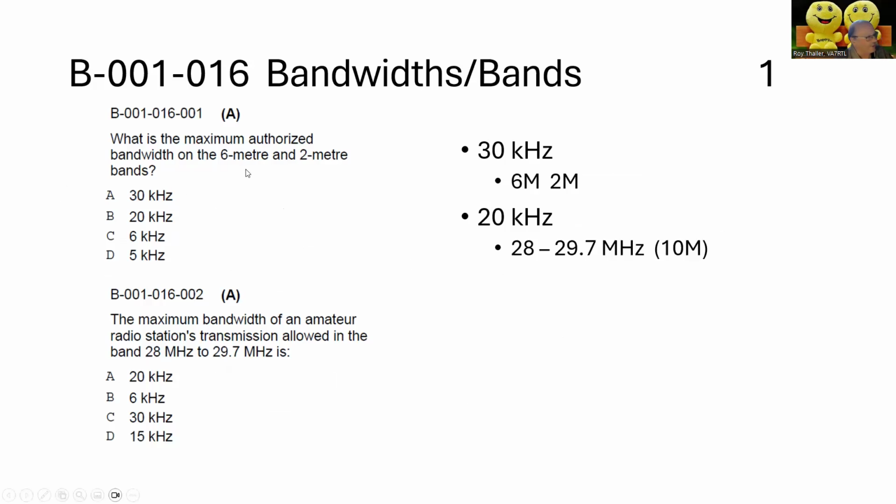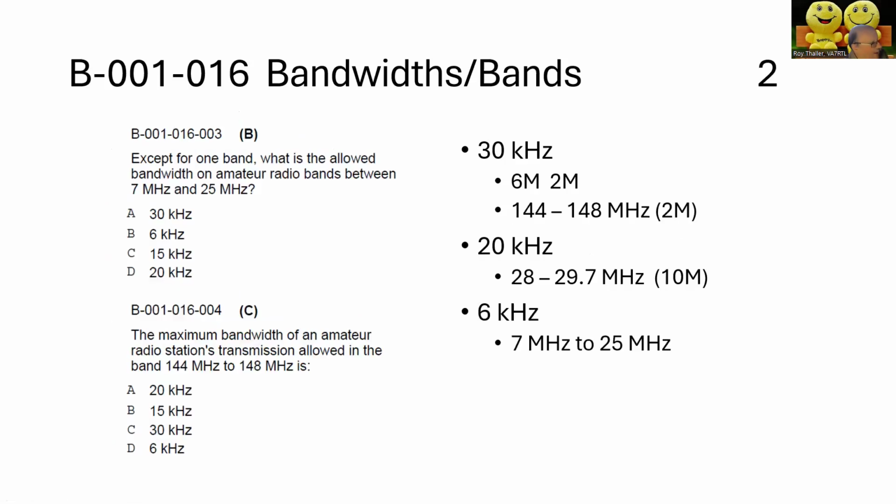So for the 6 meter and 2 meter band, the bandwidth is limited to 30 kilohertz. If you're doing it from 28 to 29, which is the 10-meter band, you're limited to 20 kilohertz bandwidth.